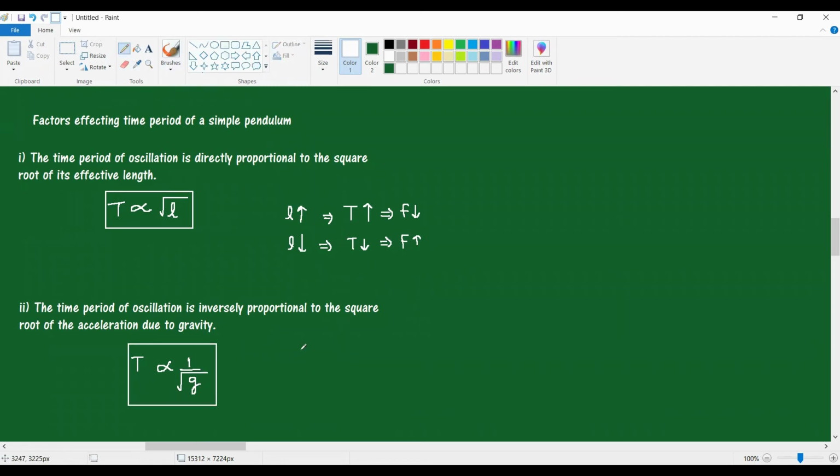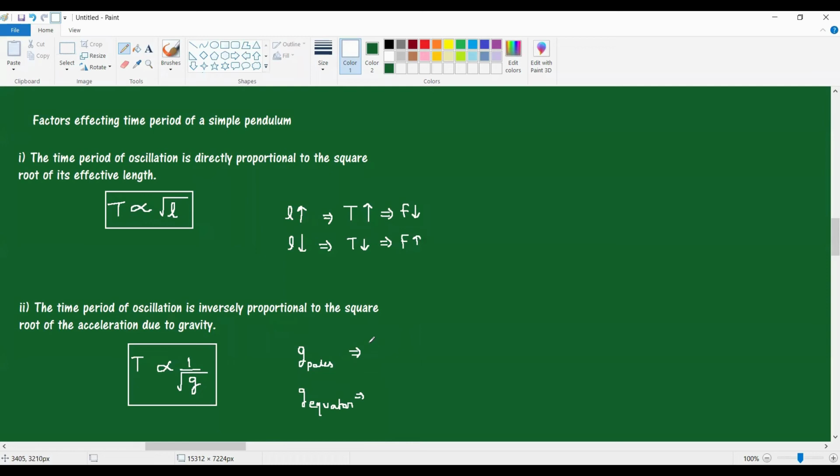So at poles, g is greater. So if we take g at poles, it means the time period will be more or less? Any idea? See, this is at equator.